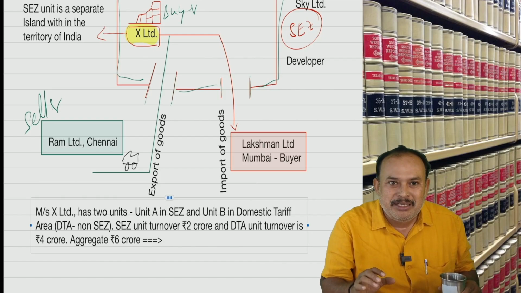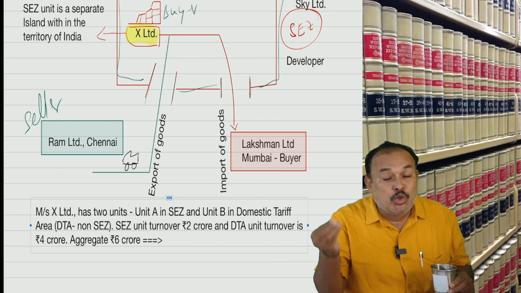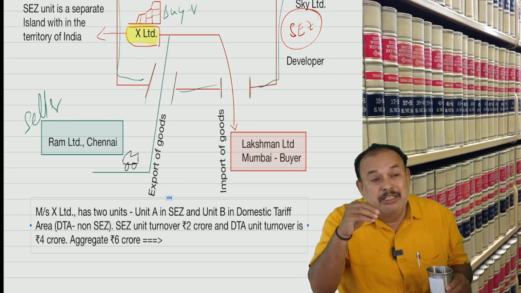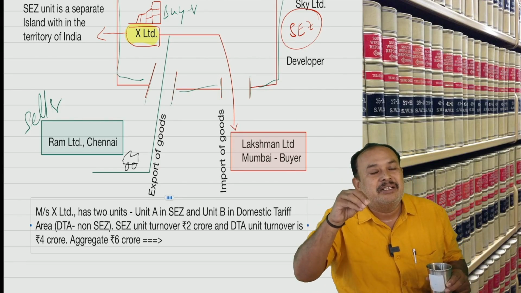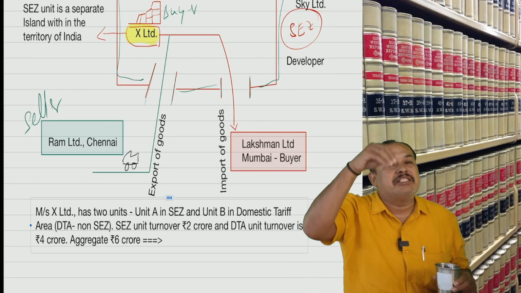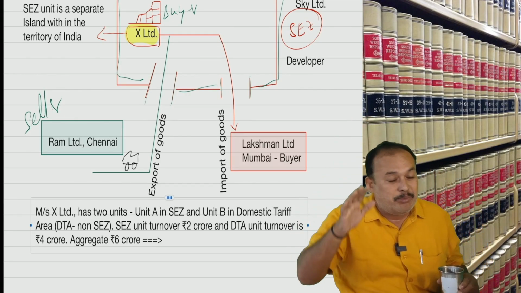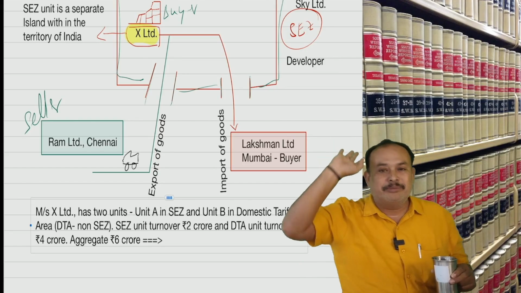You get my point? To whom is it mandatory? The domestic tariff area unit. For that unit of X Limited, E-Invoice is mandatory. For the SEZ unit of X Limited, E-Invoice is not applicable.